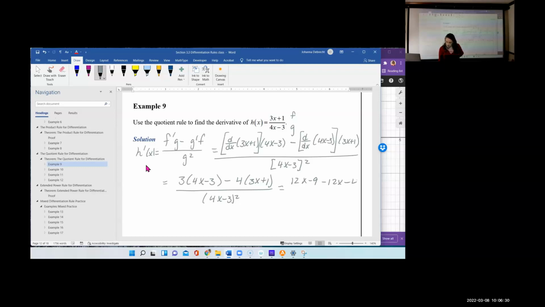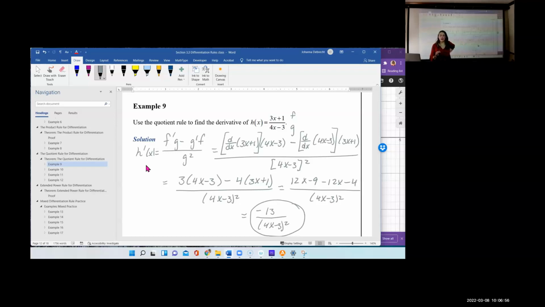There's often some cancellation that occurs, but not everything will cancel and disappear. Notice that we do get the 12x's to disappear, but then we're left with -9 minus 4, which gives us -13 over 4x minus 3 quantity squared. That is what we are looking for.